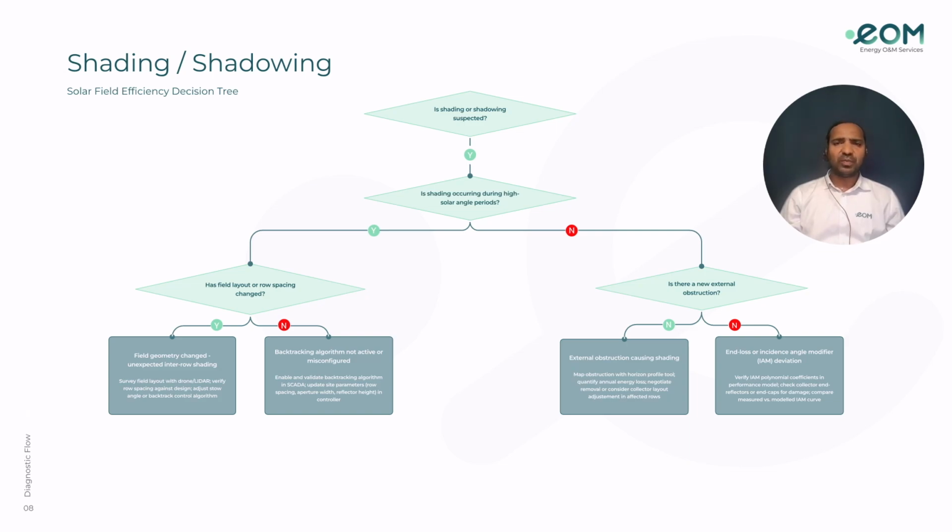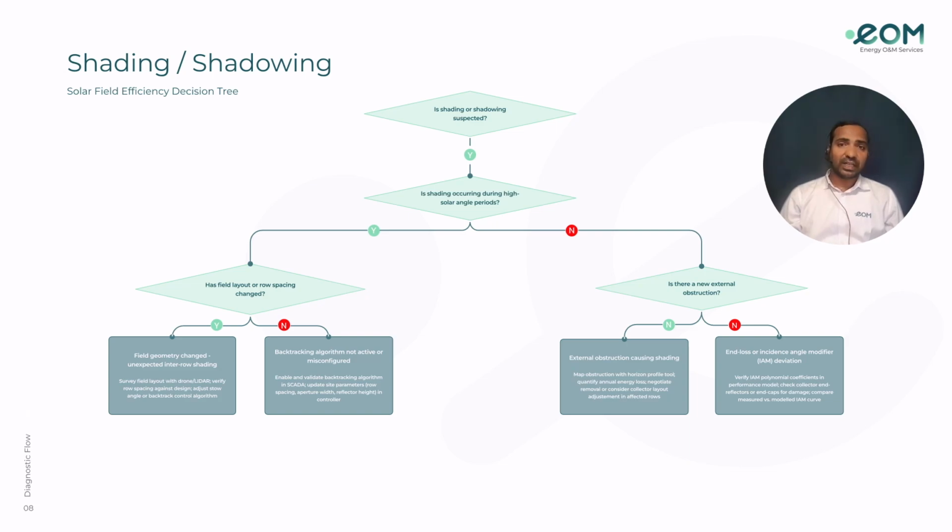If the field geometry is unchanged, the next possibility is external obstruction. So nearby structures, terrain changes, vegetation growth, or temporary construction activity can all introduce unexpected shading losses. So in those cases, horizon mapping and annual energy loss assessment become important for evaluating the operational impact.